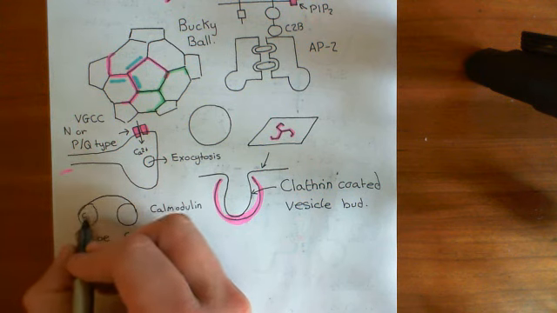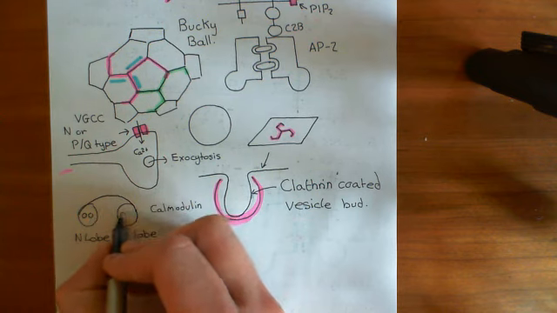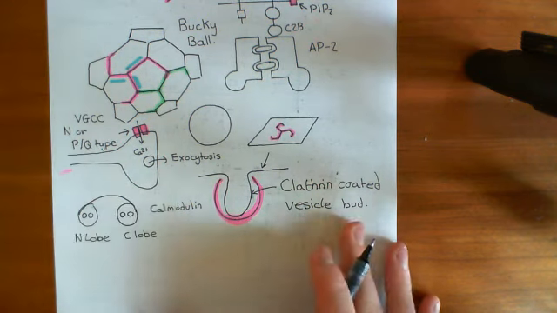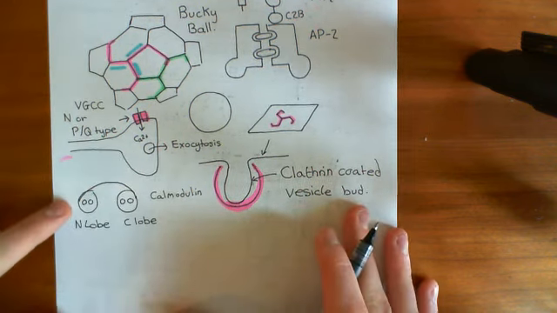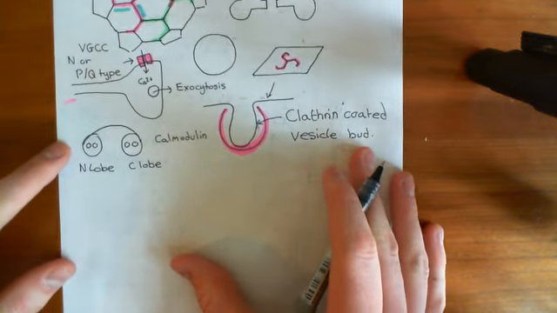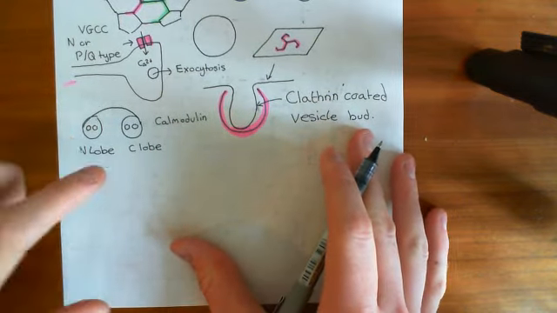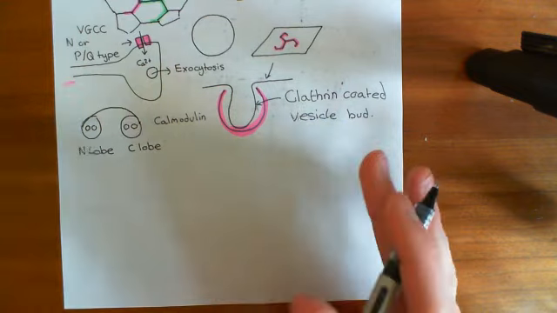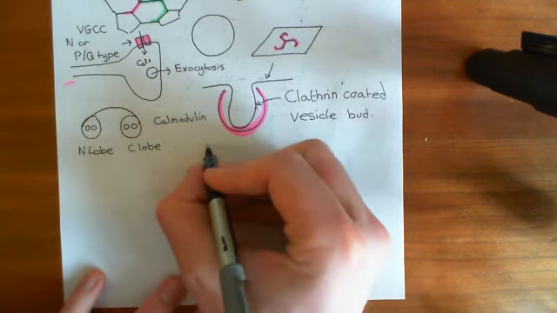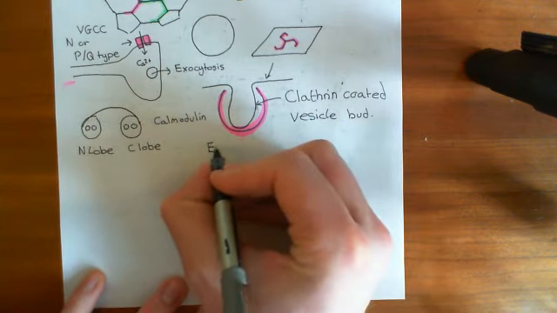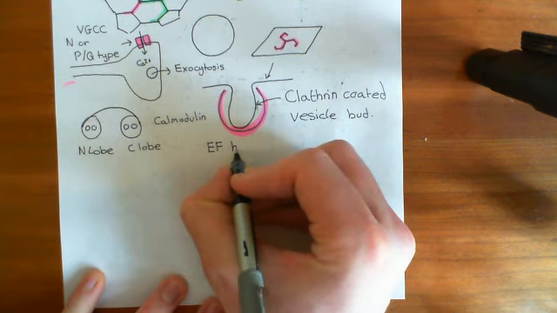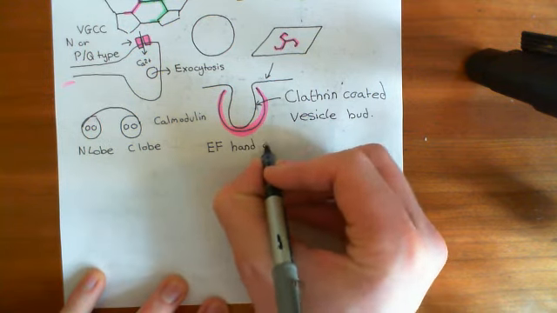Now, each of these two lobes of calmodulin, the N lobe and the C lobe, has two calcium binding sites. So overall, 4 calcium ions can bind to the calmodulin protein, 2 to each of the lobes. Now, these calcium binding sites of the calmodulin protein are what are known as EF hand domains.